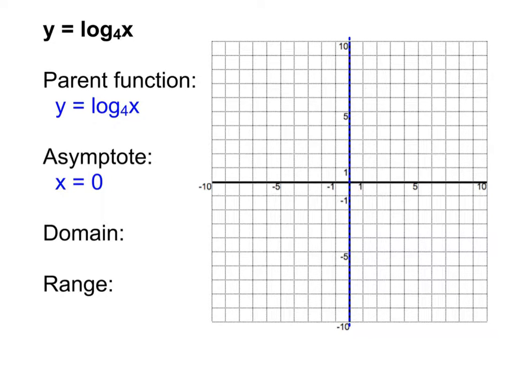All right, so having drawn the asymptote, next up, where do we put our first point? Well, remember, with an exponential, I start up 1. So with a logarithm, I start over 1. And having started over 1, I then can look at the base of my logarithm, which is 4, and I know how far to go over each time I go up.